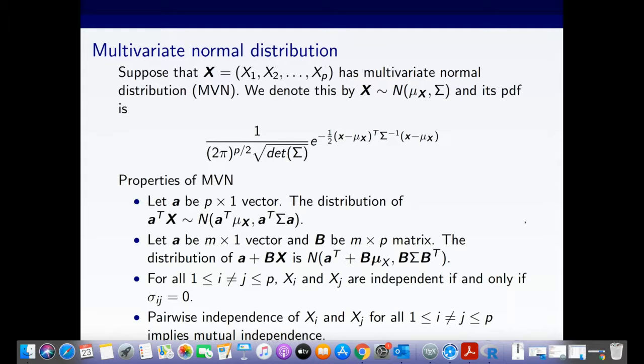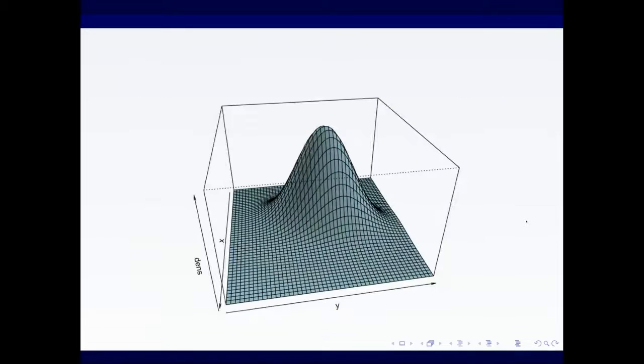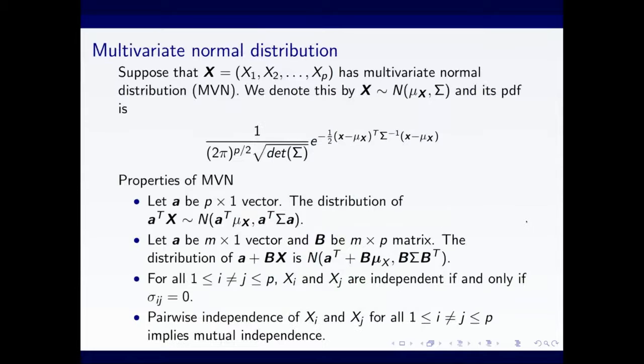Here we want to look at properties of a multivariate normal distribution. Let's say A is a p by 1 vector, and then what is the distribution of A transpose X?